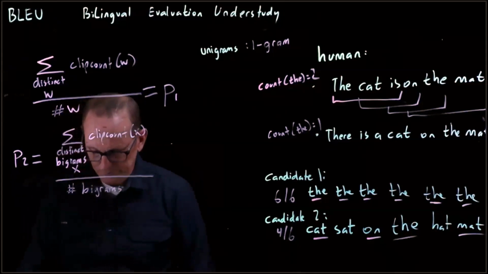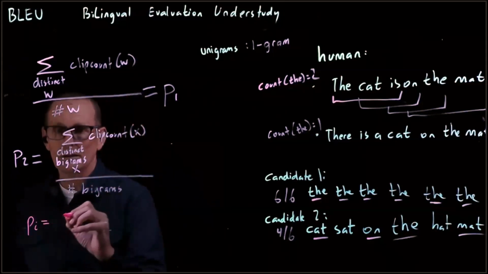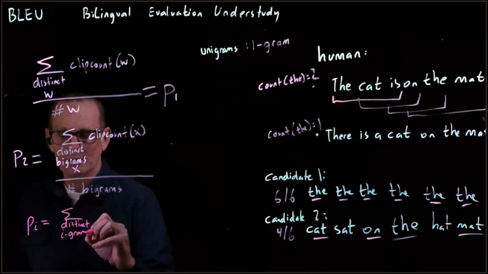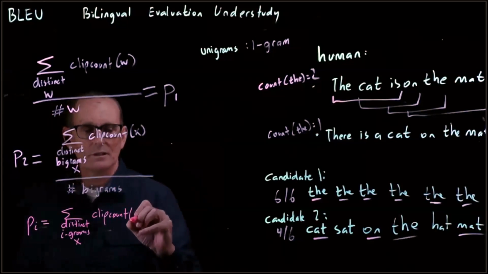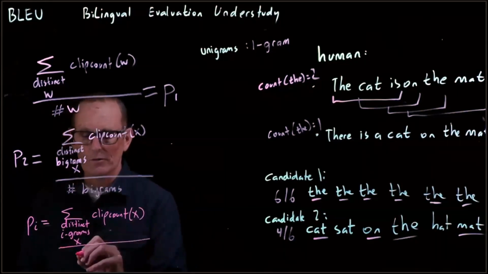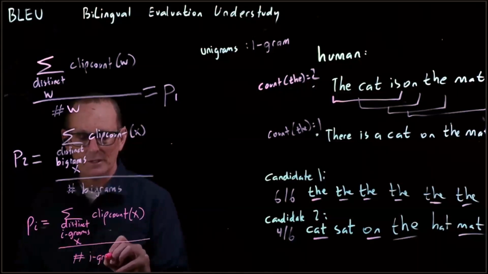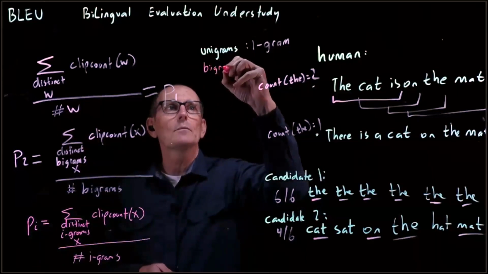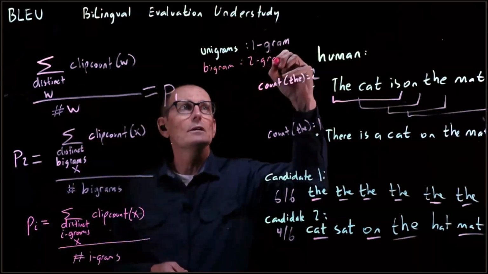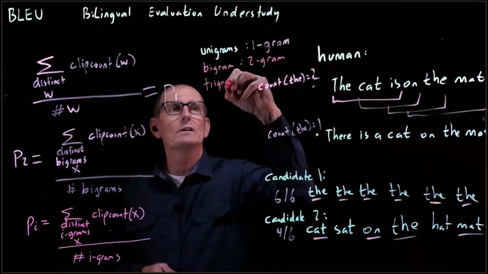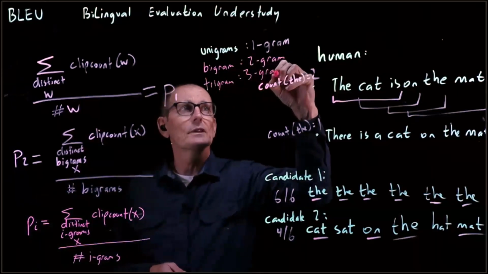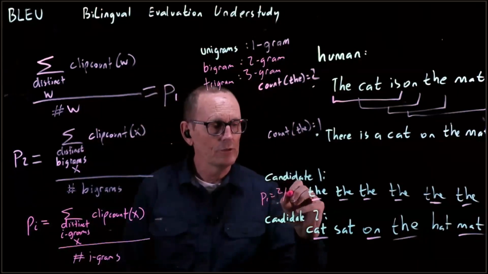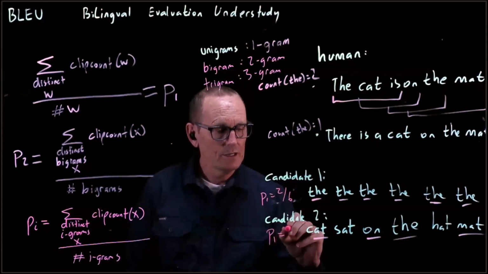And in general, Pi is the summation over the distinct i-grams of the clip count of the i-gram over the number of i-grams. So a unigram is a 1-gram, a bigram is a 2-gram, we have a trigram, which is a 3-gram, etc. So P1 here is equal to 2 over 6, and P1 here is equal to 4 over 6.